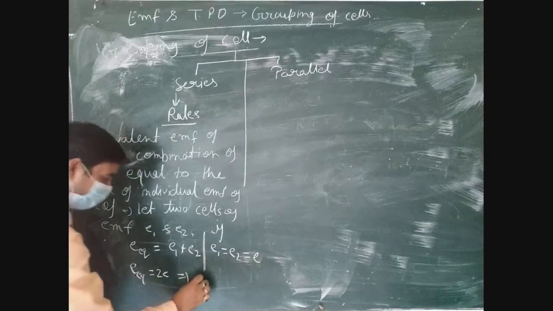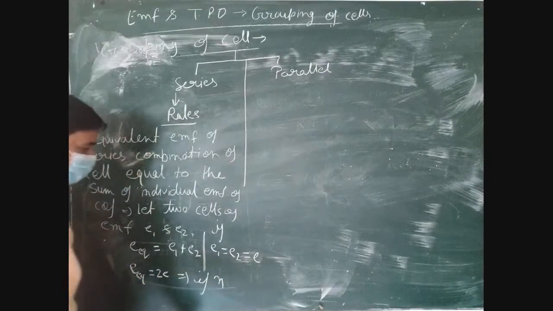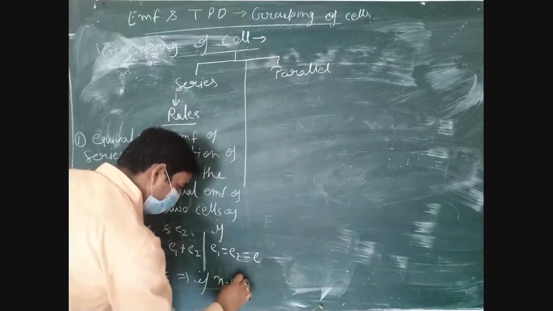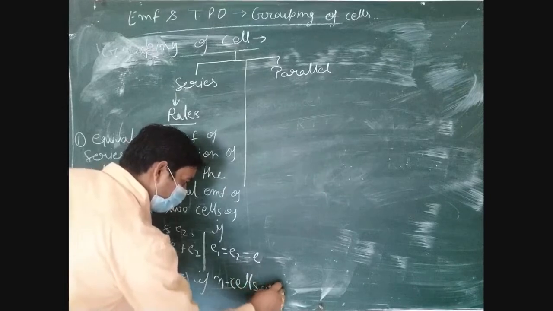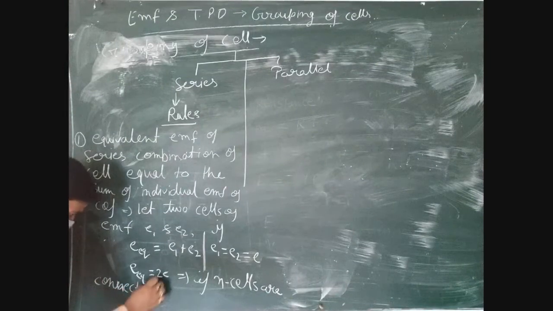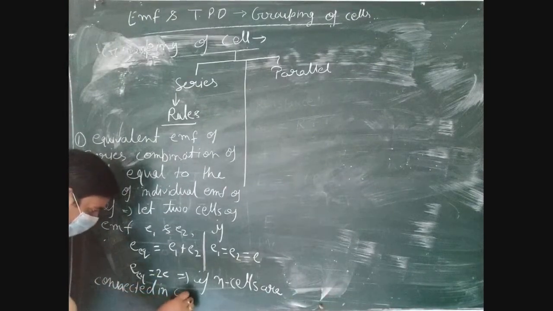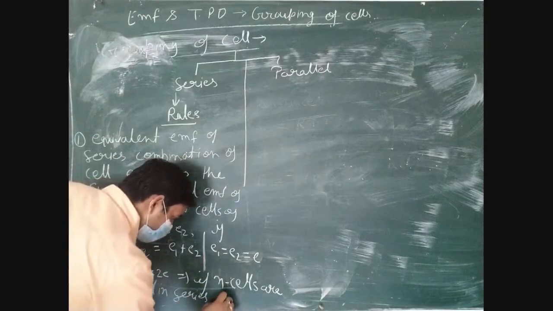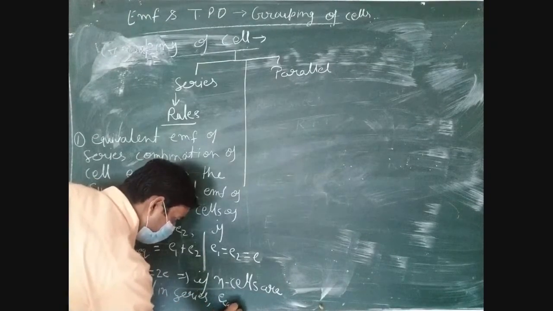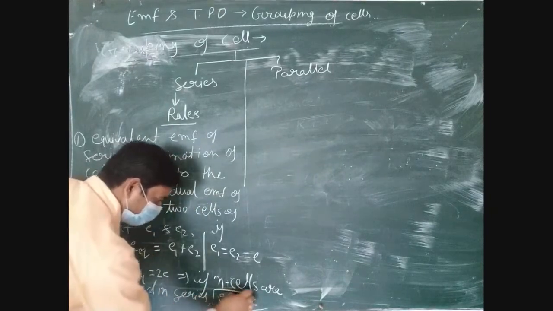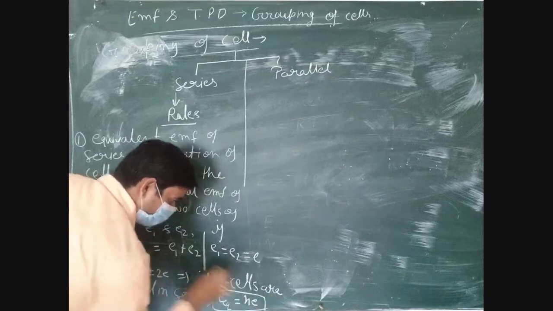If n such cells are connected in series, then the equivalent EMF is given by nE.